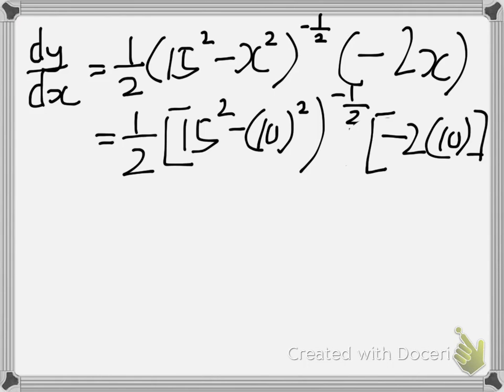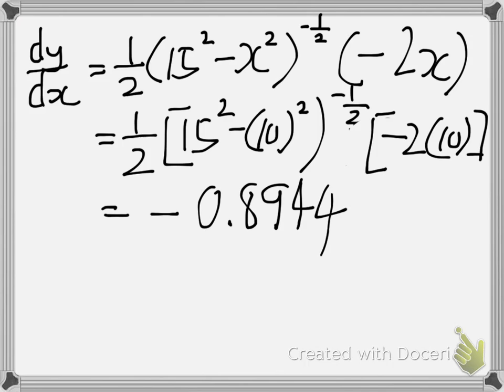So what are we going to get is, you can just simply use the calculator, and the answer that you are going to get is negative 0.8944. Okay, so now we have our dy/dx.